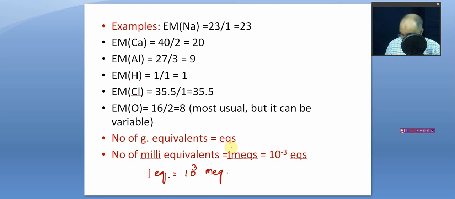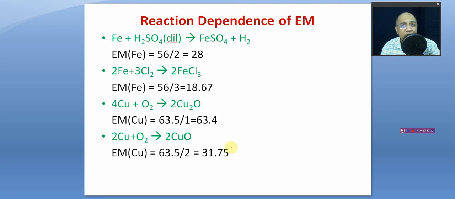So with this, let us see how an element can have variable equivalent mass. For example, take this reaction, iron metal reacting with dilute sulfuric acid going to the +2 state. So here it is losing 2 electrons. The change in oxidation number is 2. So the valency factor is 2 here, 56 by 2, 28. But the same iron reacting with a strong oxidant, chlorine, will go to the +3 state.